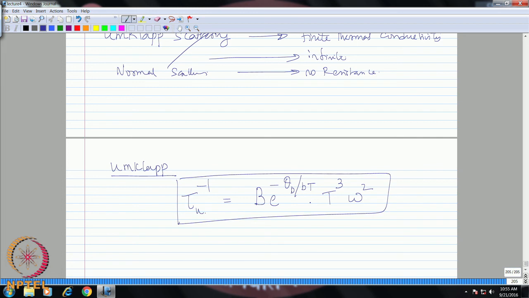Capital B and small b are constants, and theta D, you remember what it is, is the Debye temperature, and T is your actual physical temperature, and omega is the frequency. All this is in Kelvin.